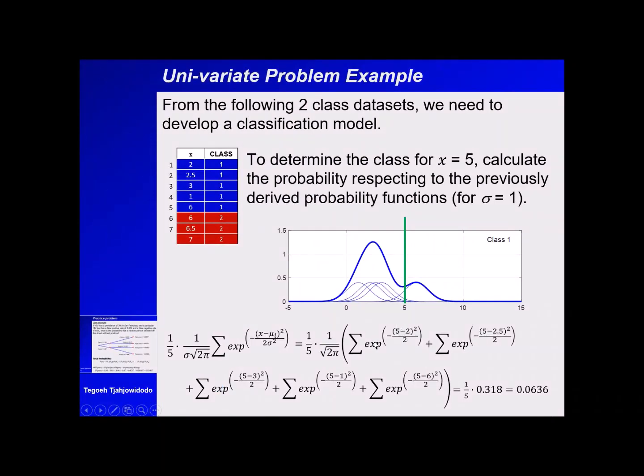So basically this value calculates the probability of 5 given that the population where it belongs is in this distribution.